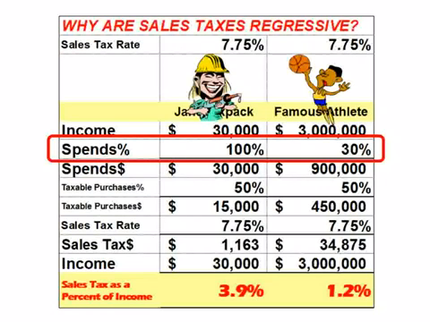At the cash register, both of these people pay 7.75%. But because she spends it all and he doesn't, as a percent of her income, sales taxes are only 3.9%. And for him, it's only 1.2% of his income. You can't pay sales tax on money you don't spend. That's why sales taxes are effectively regressive.